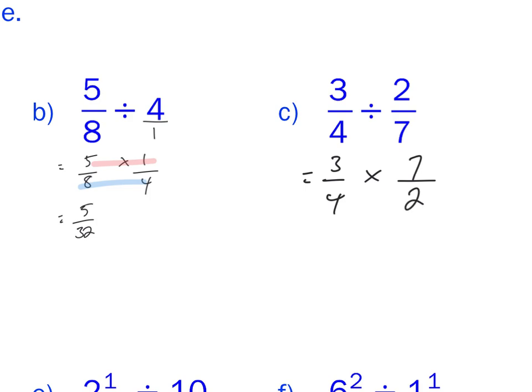Once we set that up, it's top times top, bottom times bottom. So what do we get? 21/8. Hey, that's an improper fraction, so let's turn it into a mixed fraction. How many 8s go into 21? 2. And how many left over? 5.